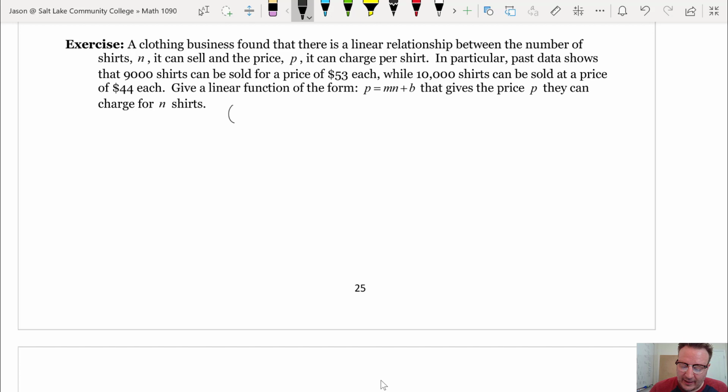They found that they can sell 9,000 shirts for a price of $53. Okay, we got to make sure we put these points in the correct order too. So if we look at this function, P equals mn plus b, n is the independent variable and P depends on n, the quantity. So price depends on quantity.